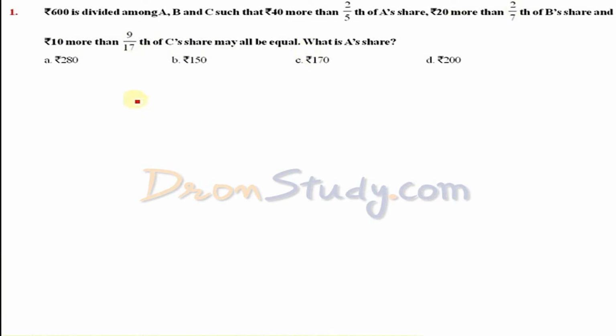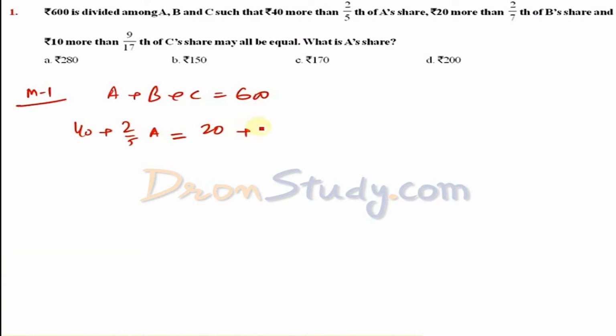Okay, see, this question can be solved in many ways, but method one is, we let the three parts be A, B, C, and A + B + C equals 600. The second condition is that 40 more than 2 by 5 of A's share is equal to 20 more than 2 by 7 of B's share and is also equal to 10 more than 9 by 17 of C's share. All these are equal, so we take it as x.